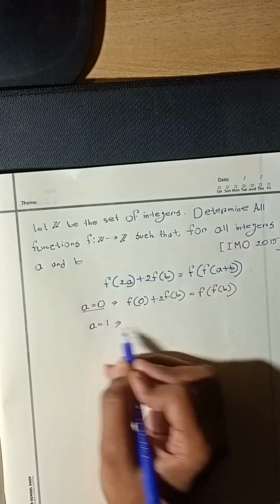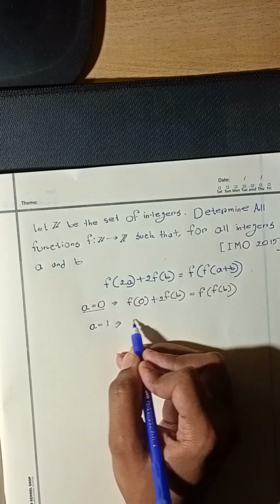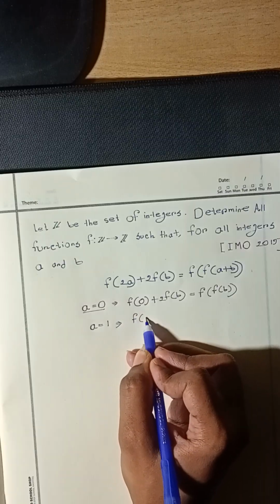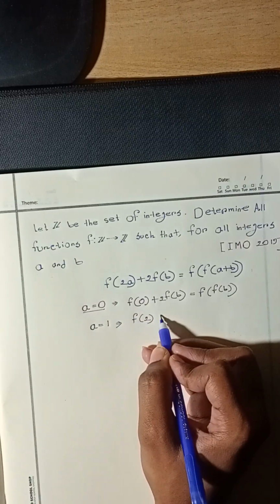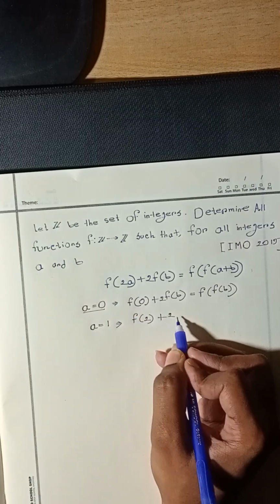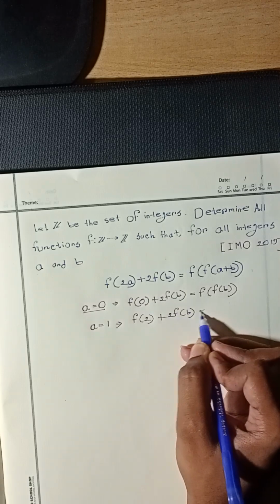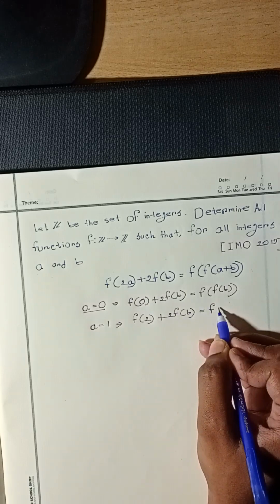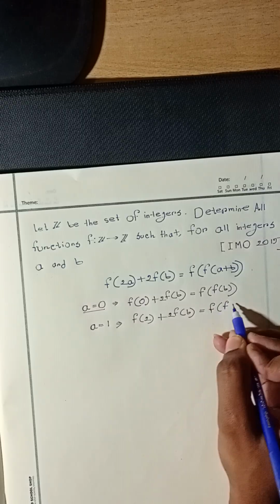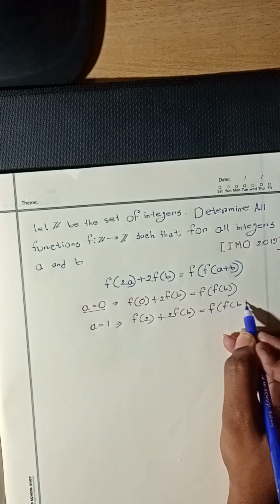Then we would get f(2) plus 2f(b) would be equal to f(b + 1).